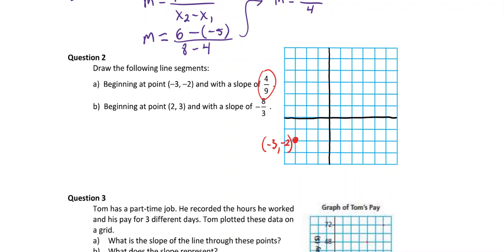So we have a starting place, right? We can start here. But then I know from there I have to go, you can either go over 9 up 4 or up 4 over 9. It'd be the same thing, right? So I'm going to go up 4, so you count 1, 2, 3, 4. And then over 1, 2, 3, 4, 5, 6, 7, 8, 9.